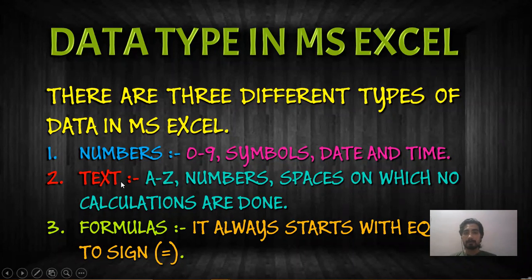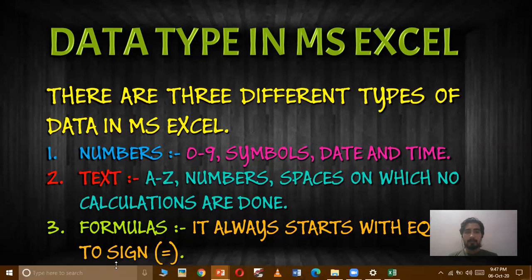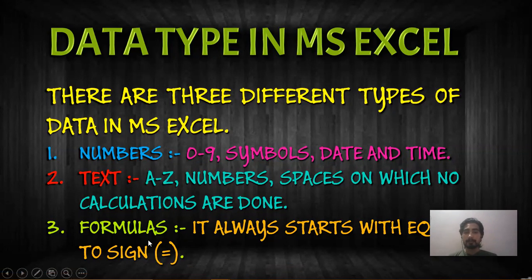If you're writing any word, alphabet, or if you're adding numbers along with the alphabet in the same cell, then that will be known as a text data type. And the third and the last data type, that is formulas. So if you're inserting any formula inside the cell of a worksheet, then that will be known as formula data types.